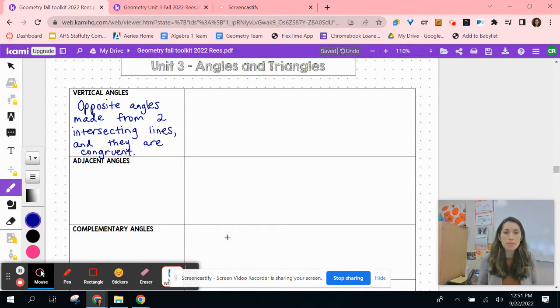All right, let's read that again. Opposite angles made from two intersecting lines, and they are congruent.